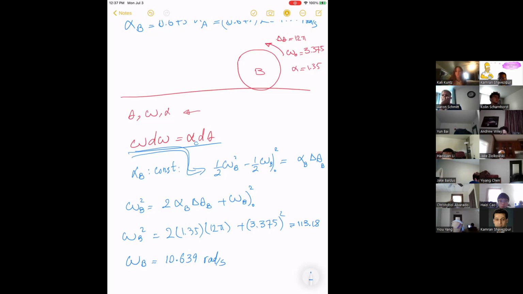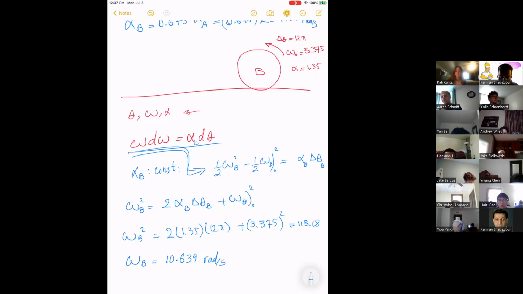I saw a few of you guys solve this and got kind of confused about how you relate. Okay, does it make sense?